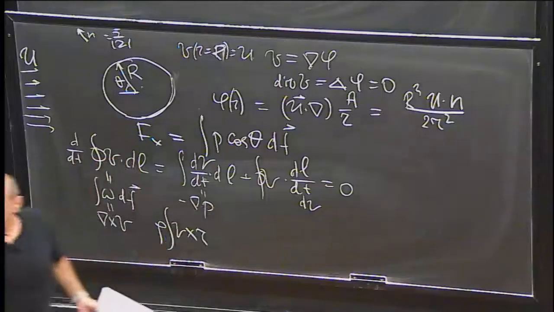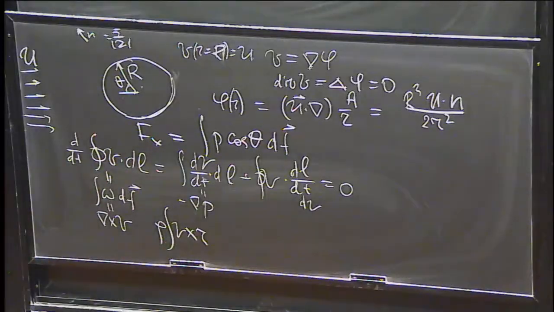Okay? The bubble is fixed. I'm now working in the reference frame, this is written in the reference frame which is attached to the bubble. Okay, this is a very good question, which will immediately be clear why.